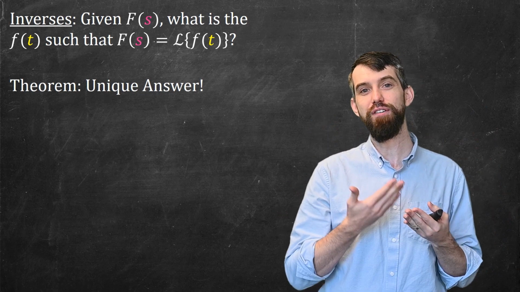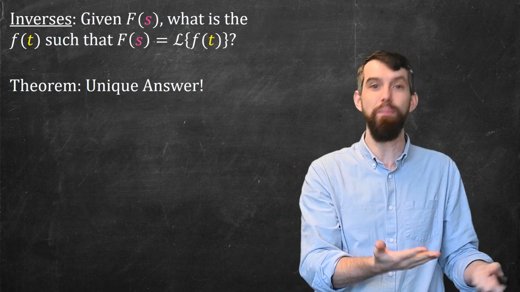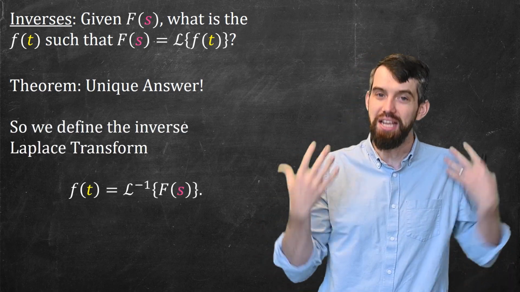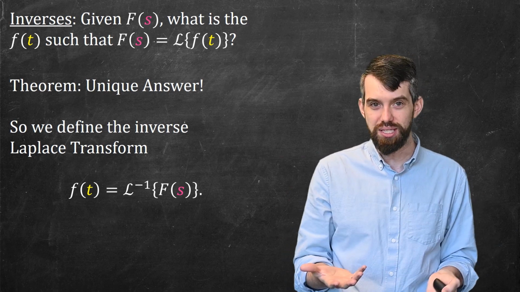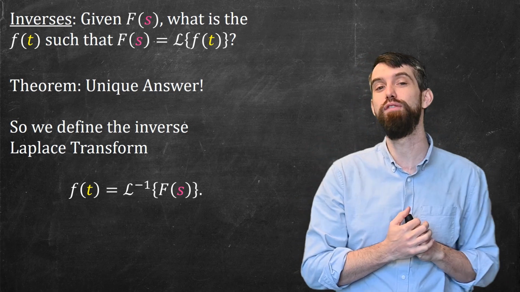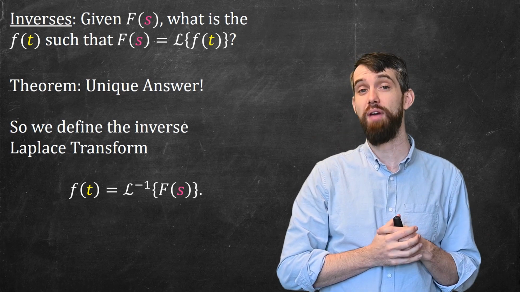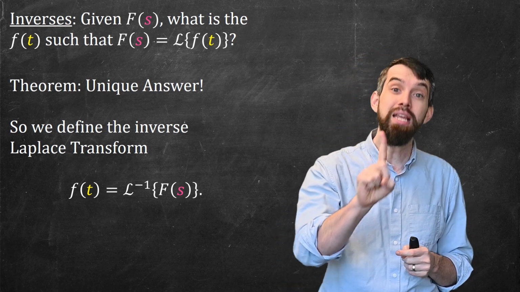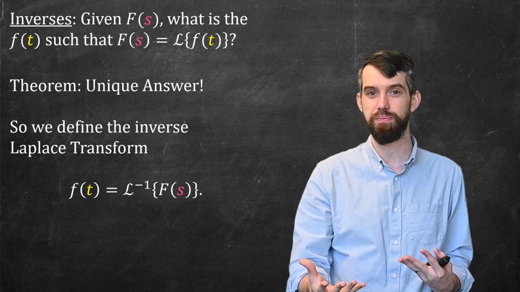And here, the fact that there is this unique ability to undo this means that I can actually define an inverse Laplace transform. That is, I will define a new symbol, which is the squiggly L of the Laplace transform, but to the power of -1. And then the inverse Laplace transform of some function big F of s is just that unique answer, that unique little f of t that this theorem guarantees.